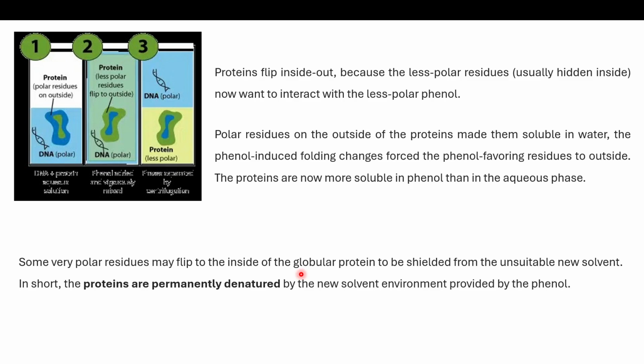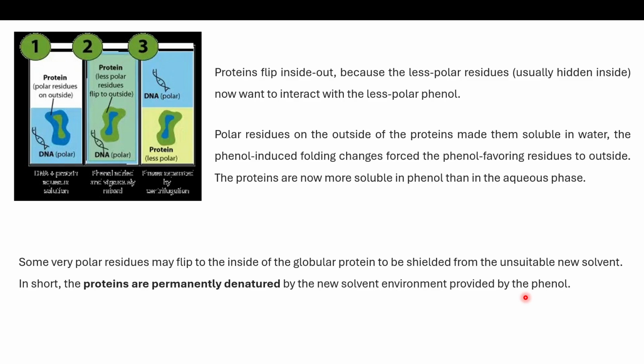In a globular protein, some very polar residues can flip inside so as to cover themselves from this unsuitable new solvent, the less polar solvent. So in short, the proteins are permanently denatured by this new solvent environment provided by the phenol liquid.